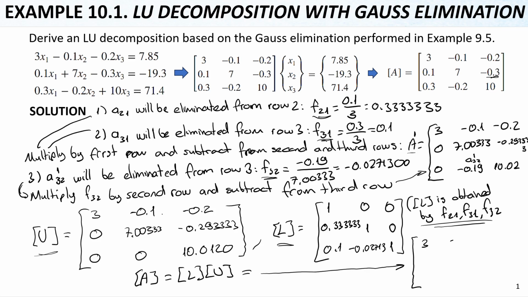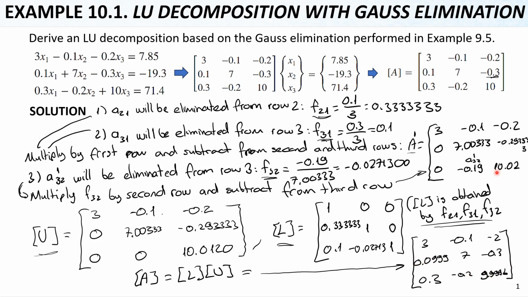3, minus 0.1 and minus 2, 0.09999, 7, minus 0.3, 0.3, minus 0.2, and 9.99996. So there are slight round-off errors here, these ones.